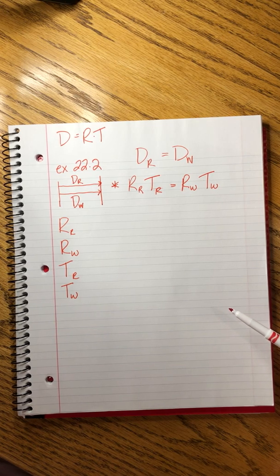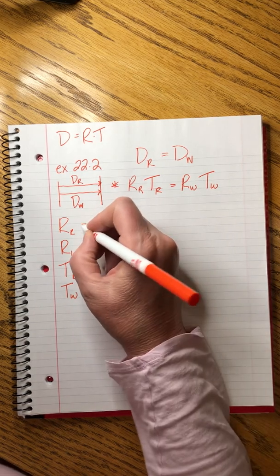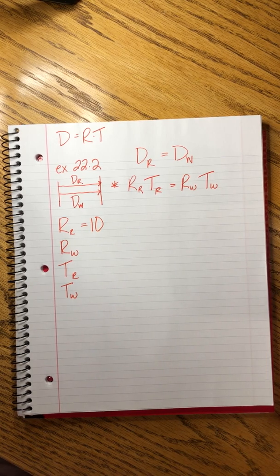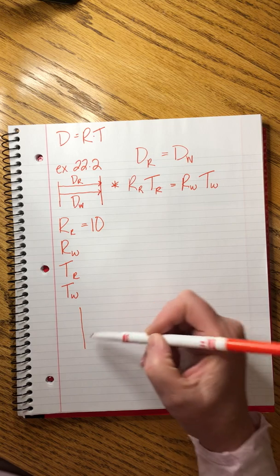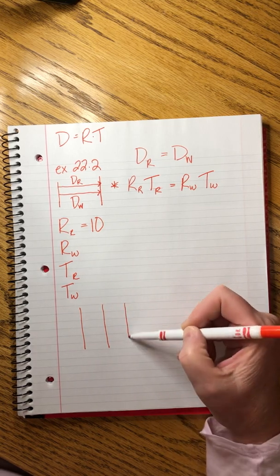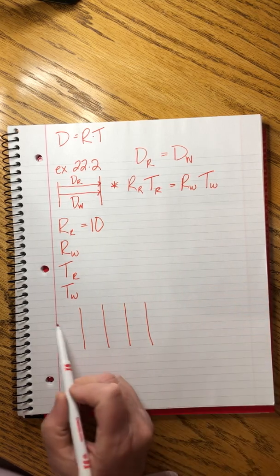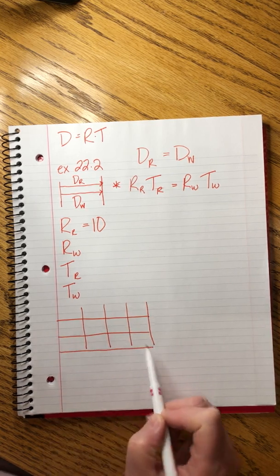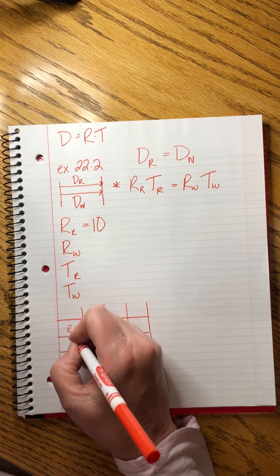The rabbit hopped off toward the briar patch at 10 kilometers per hour. So the rate of the rabbit is 10. I forget about units until I get to the end. At 10 a.m. Okay, so now we need one of these clock charts, don't we? And remember how they work is like this. We got the rabbit and we got the wolf.